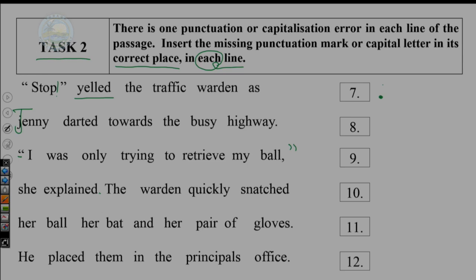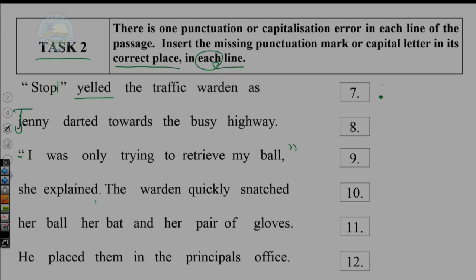So the verb snatched is here. I cannot put a colon here, because if I do that, I will be putting a colon between the verb and its object, which is her ball. Follow me? So what I must do is put a comma to separate the items that are listed.